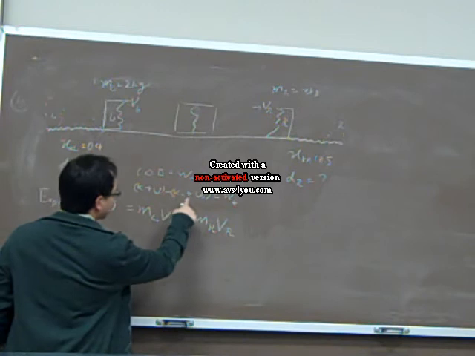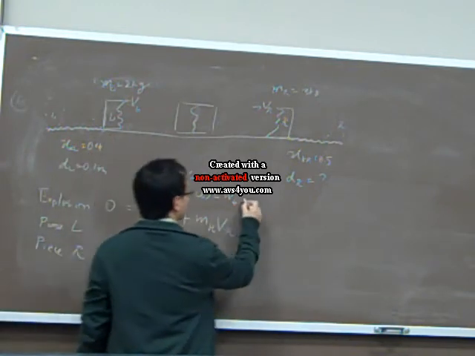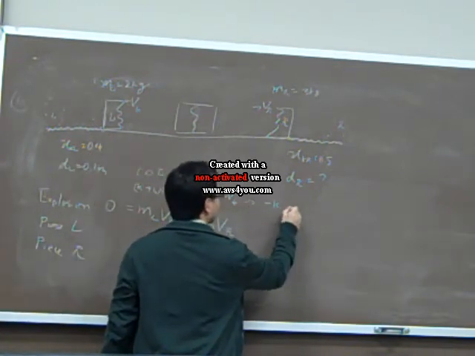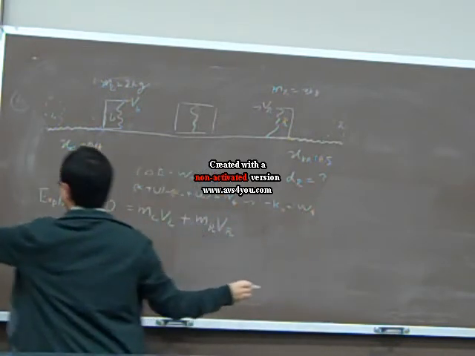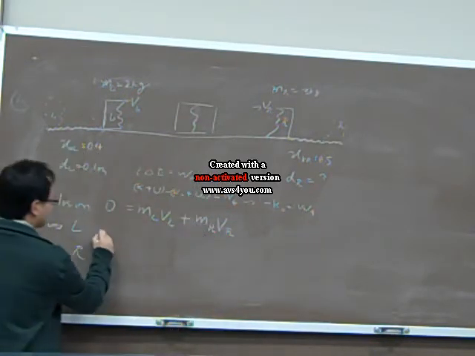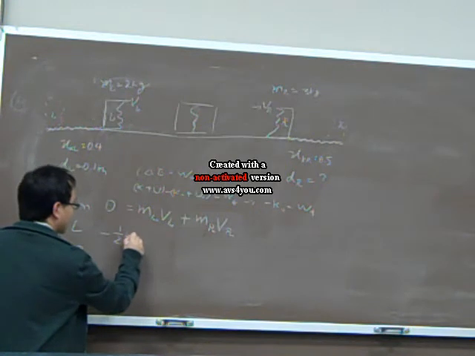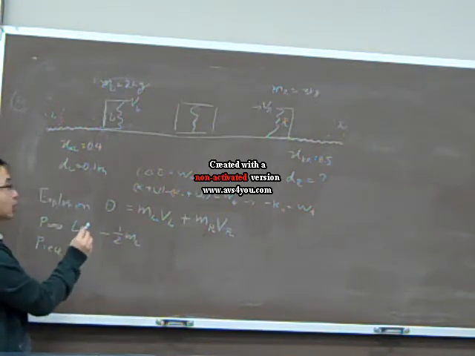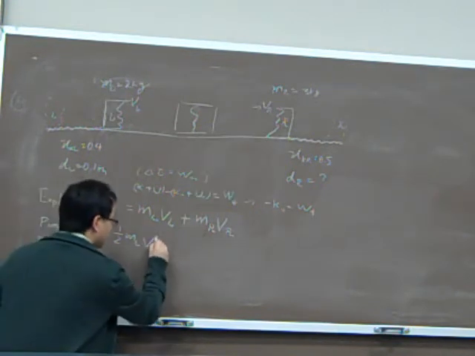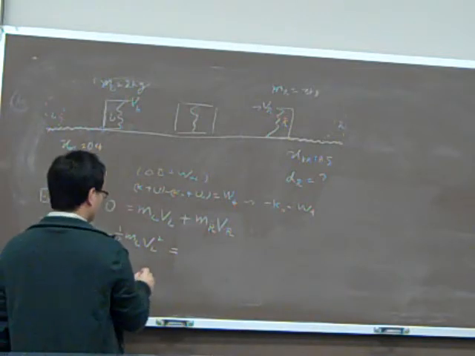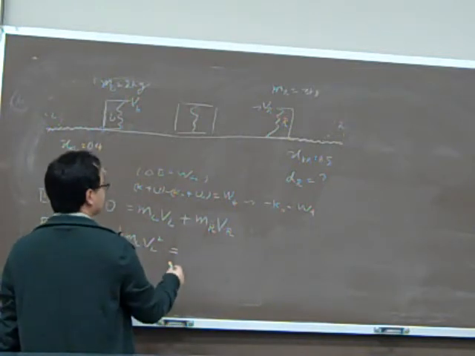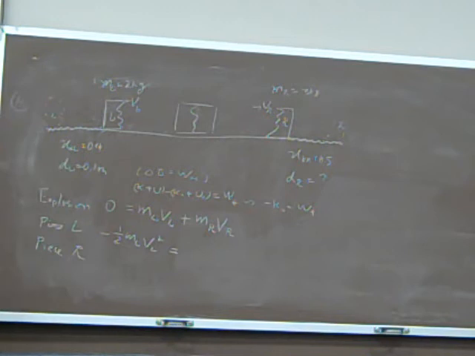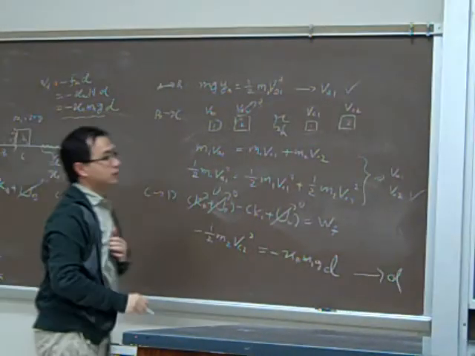So finally you get negative K naught equals WF. For this one, it should be negative 1/2 ML VL squared equals WF.